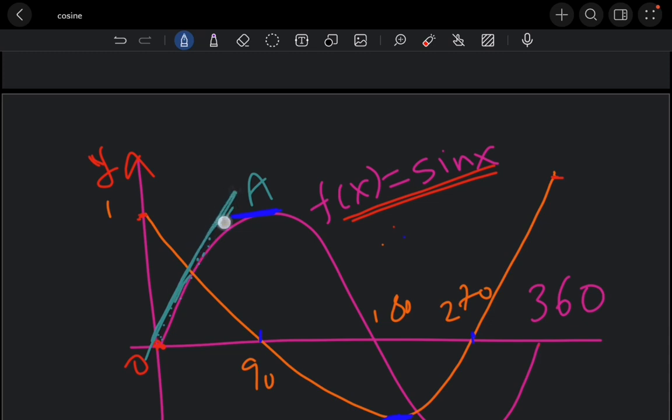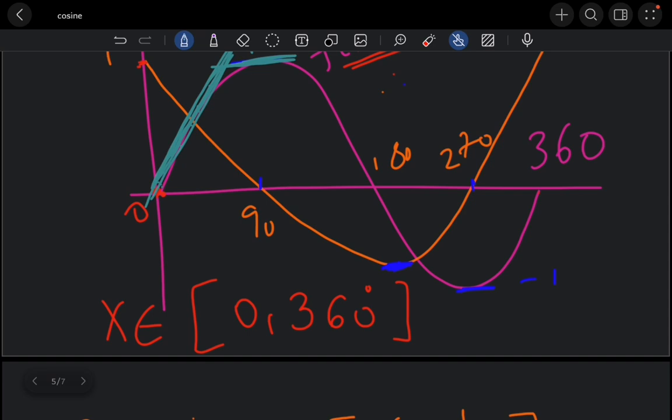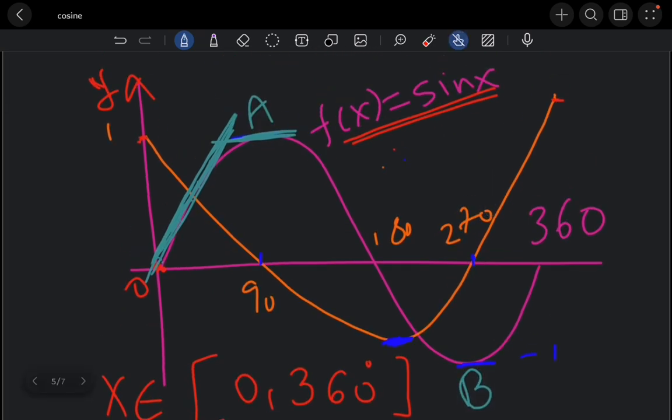Where I'm saying it's positive, it's concave down. It's looking downwards. And rather, it's sloping upwards. So that's why we're saying it's positive. And then at A, it's 0. And then from A to B, it's negative.